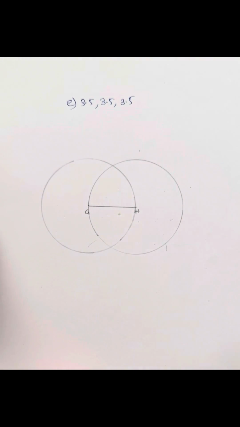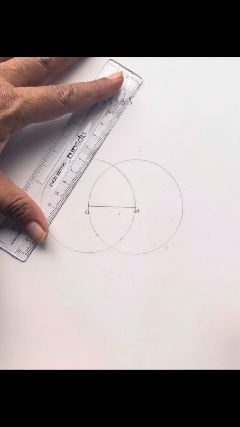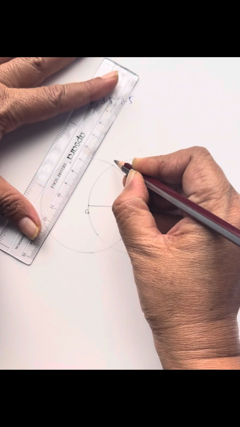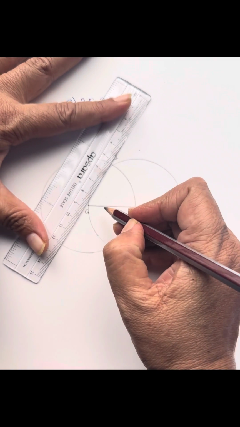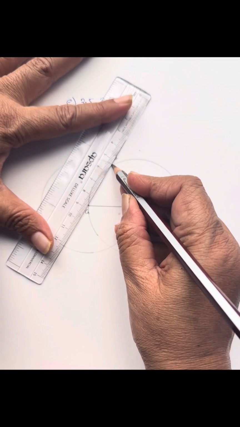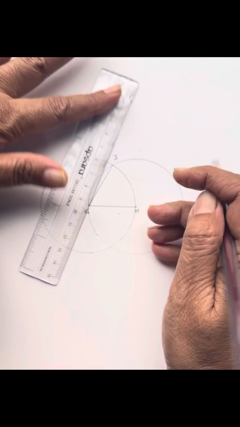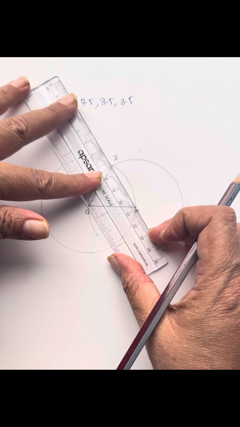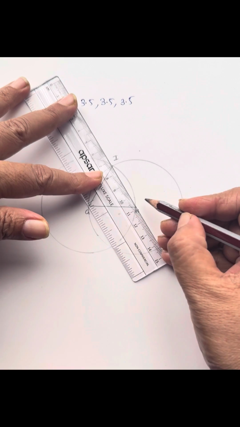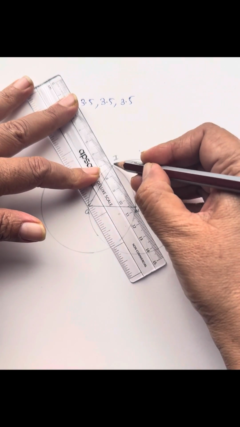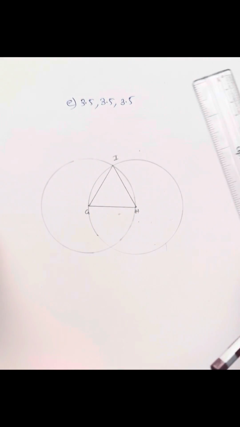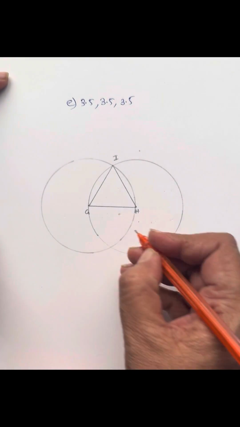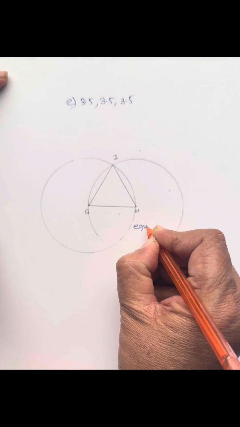These both will touch, the circle will touch the points. Now we can name this point as I and join GI and HI, and we get the required equilateral triangle with all sides equal, right?